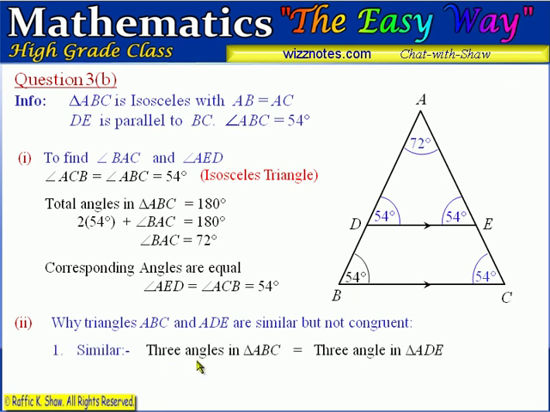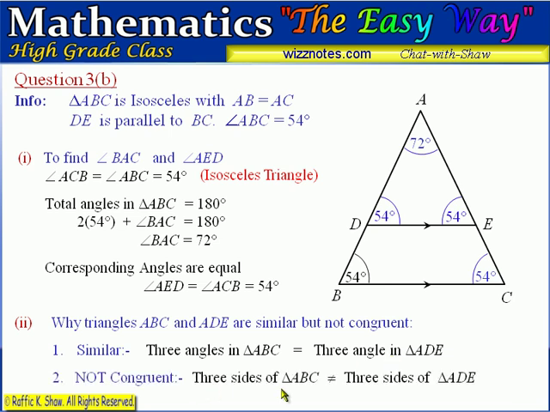They are similar because the three angles in triangle ABC are equal to the three angles in triangle ADE, but they are not congruent because the three sides of triangle ABC are not equal to the three sides of triangle ADE. And that's the reason why they are not congruent, but they are similar.